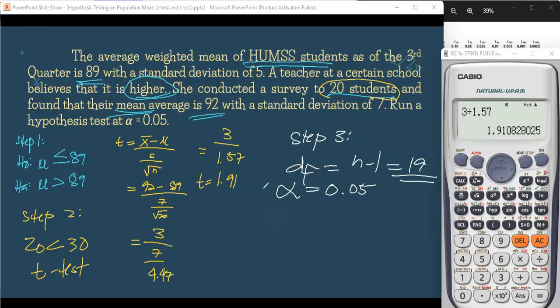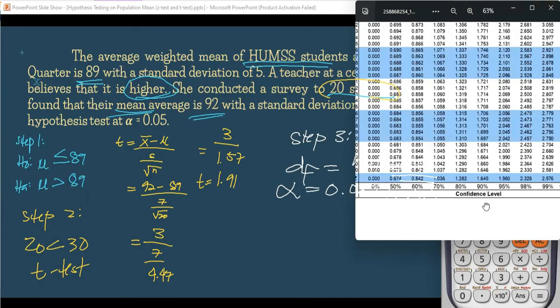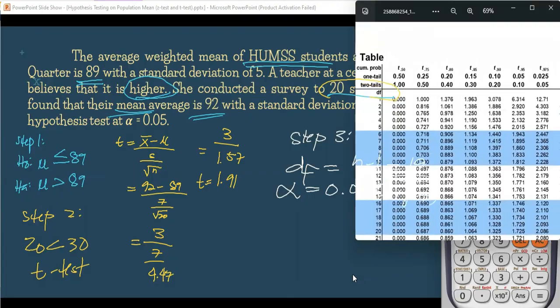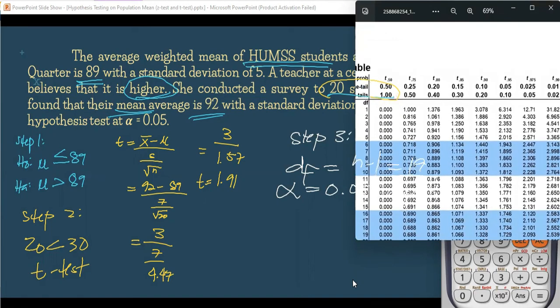So, kailangan po nating tingnan yung alternative natin. So, this is greater than symbol, meaning to say that this is right-tailed. Kailangan po nating hanapin yung intersection po nila. So, that is 19, and that is 0.05 and right-tailed.